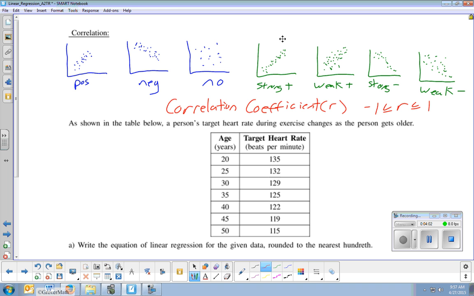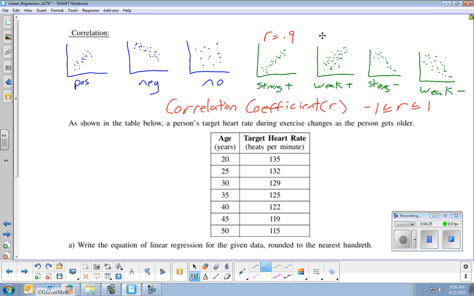So like a strong positive correlation, that would be something like positive 0.9. Now a 1.0 means that they fall exactly on a straight line. And you're not going to see that unless they are exactly in a line like that. But 0.9 is a very strong positive correlation.